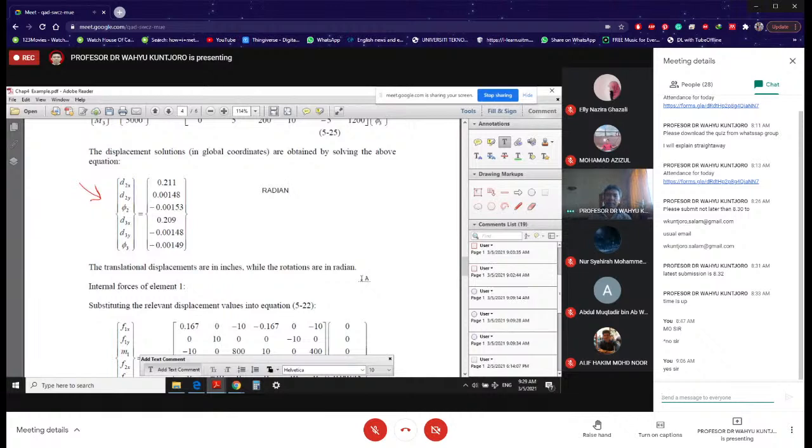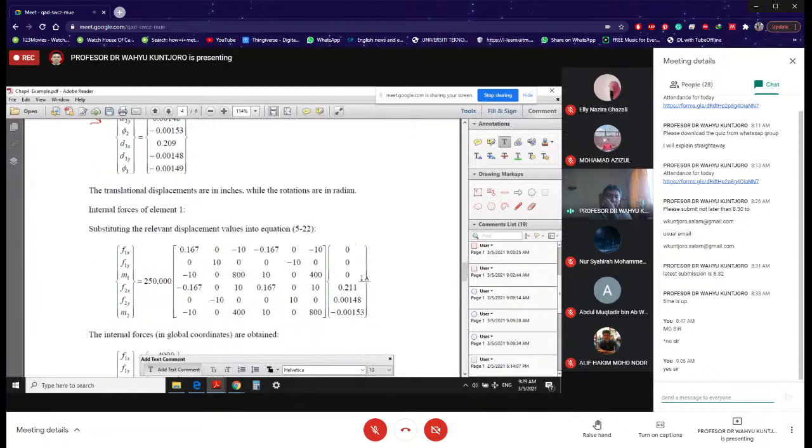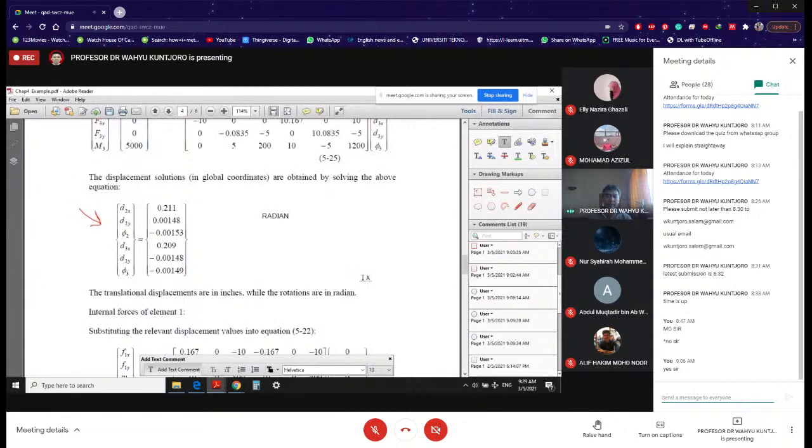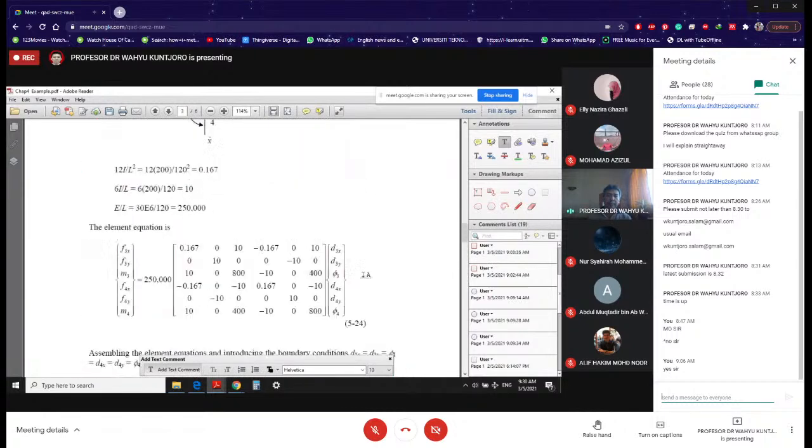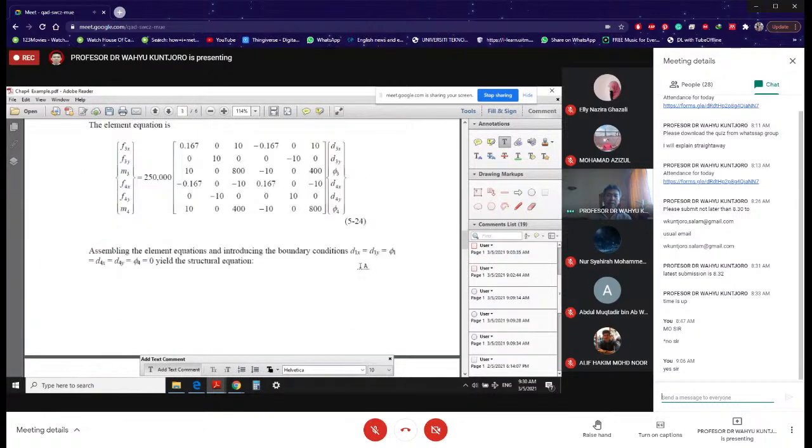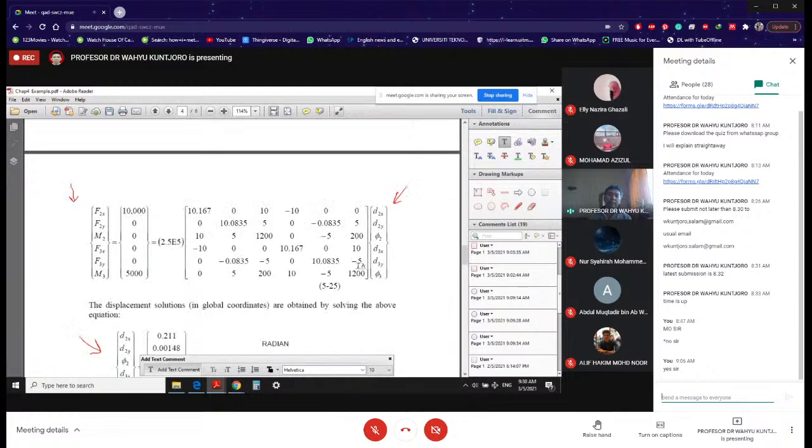Now, once you have the displacements, okay, then of course you can calculate the reactions. You calculate the reactions simply by going to the structural equation, the complete structural equation, which involves the forces at the node, F1x, F2x, moment 1, F4x, F4y, moment 4.